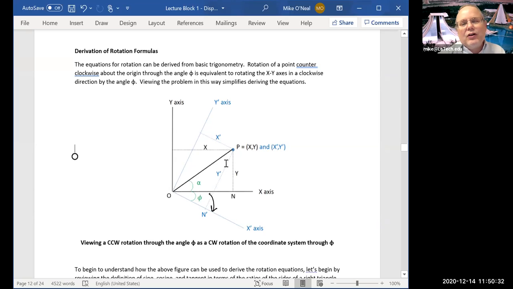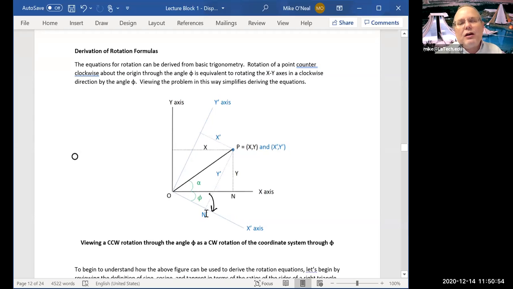It's my distance in the new coordinate system in y. So you might notice I've got another right triangle here, right? So O to N prime, that distance, which is x prime, right?